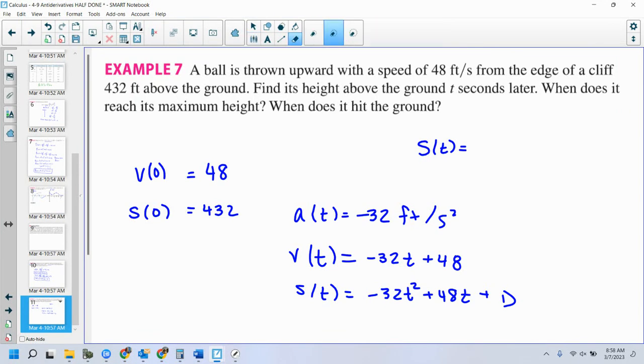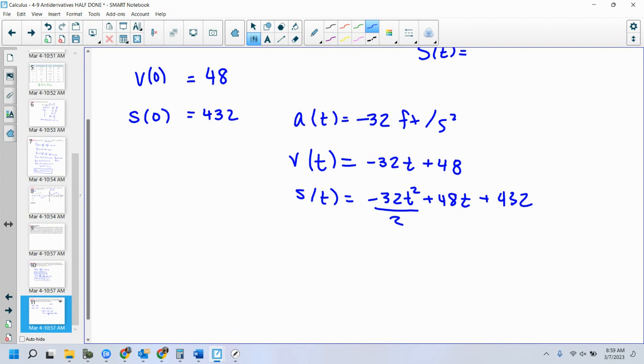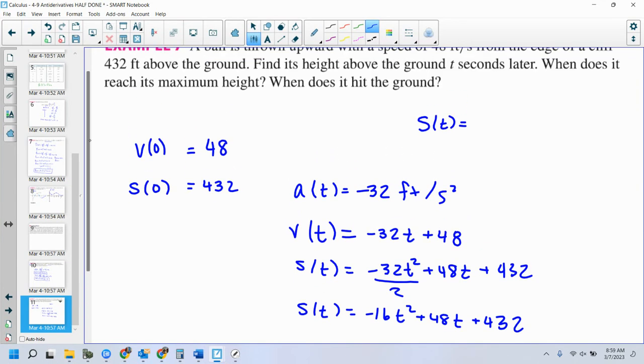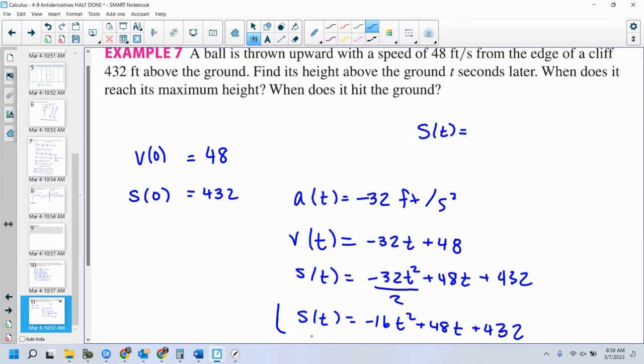Actually, why say plus d? What is d? 432. Oh, I forgot to divide by 2. So therefore, position is s of t equals negative 16t squared plus 48t plus 432. So there's position. That's the answer to my first question.